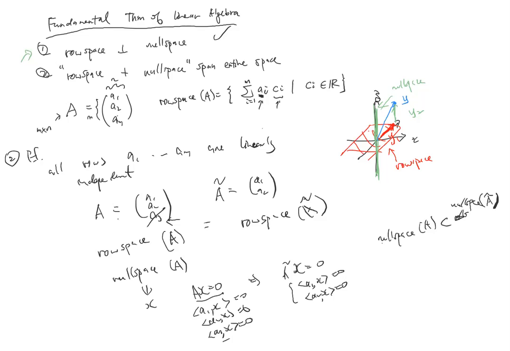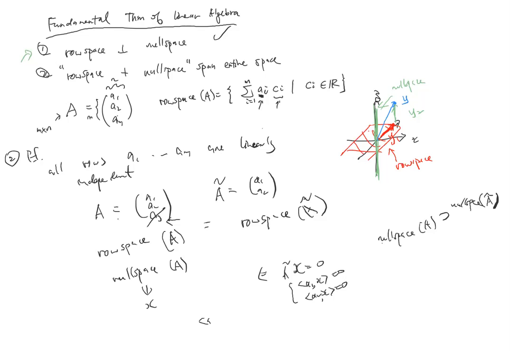But I can also show that the null space of A tilde is also inside the null space of A. So let's say I have A tilde x equal to 0. Of course, I have a1x equal to 0, a2x equal to 0. But I will also have a3x equal to 0, because a3 is just a linear combination of a1 and a2, right?